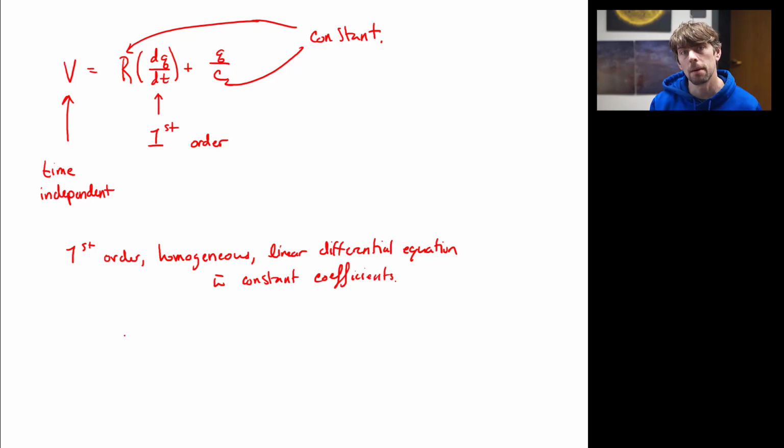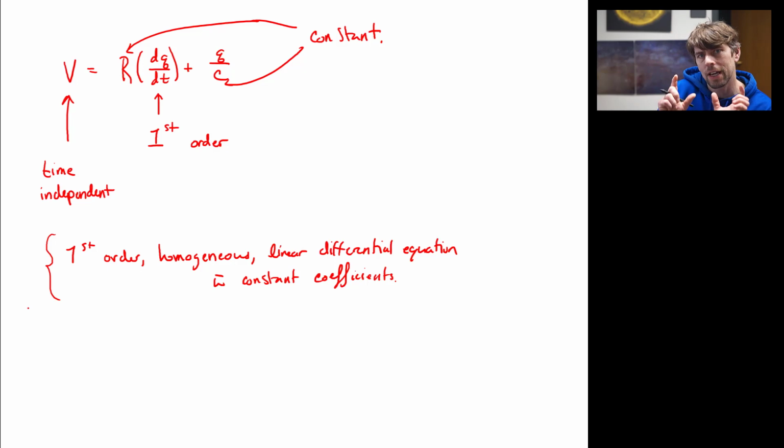Now, part of the reason that mathematicians are interested in this terminology is that each of these ideas expressed here is fundamentally tied into how we solve the equation. For example, there are certain techniques for solving first order equations, homogeneous differential equations, and equations with coefficients that aren't constant.